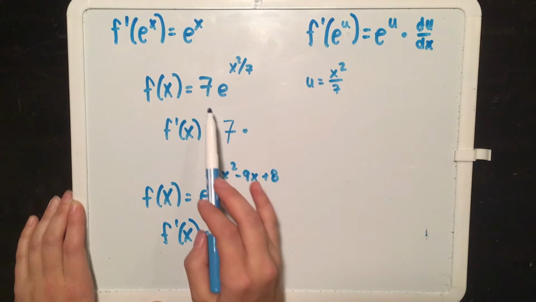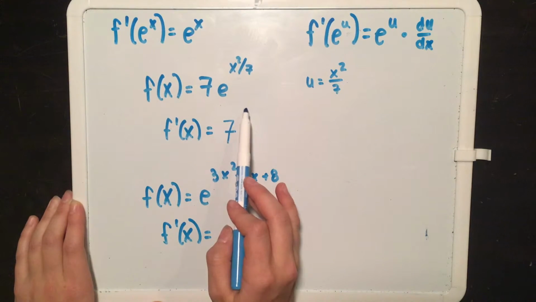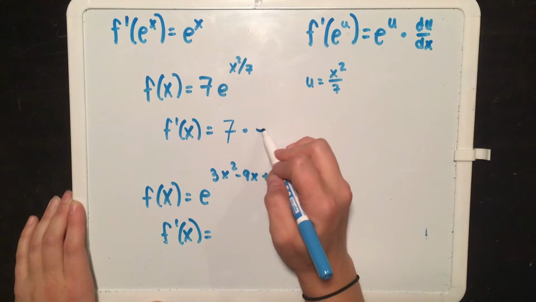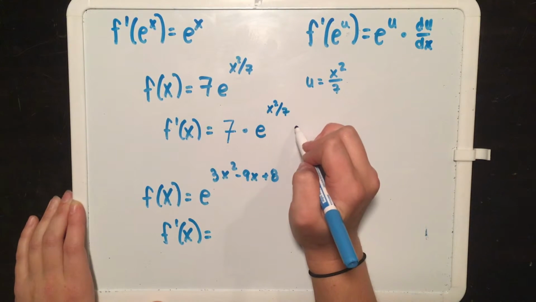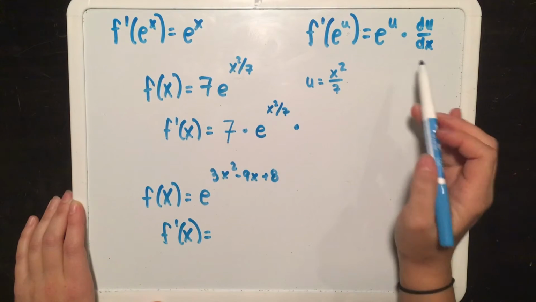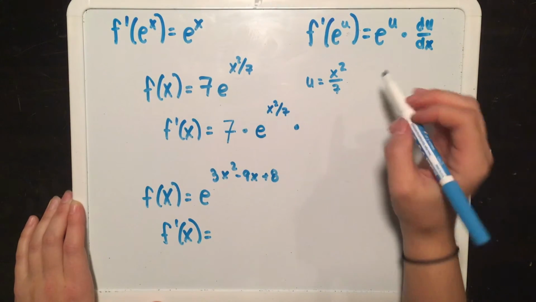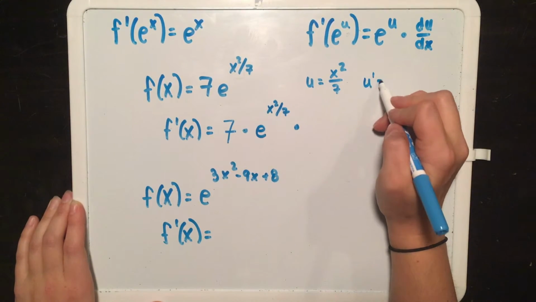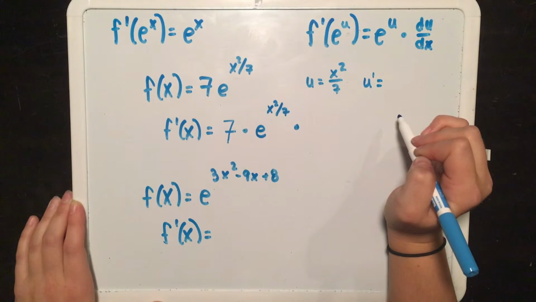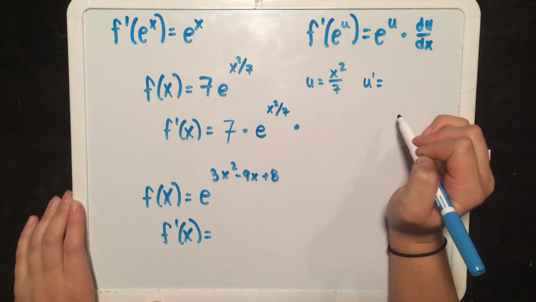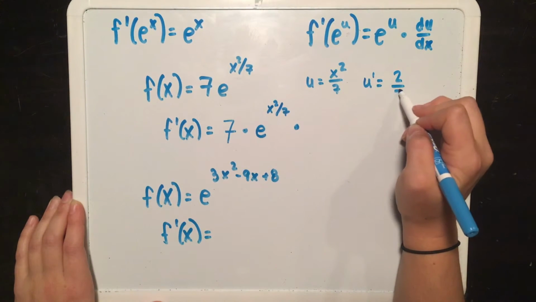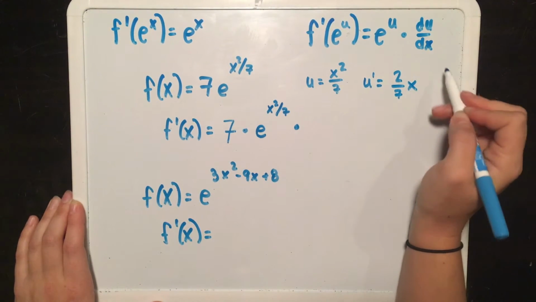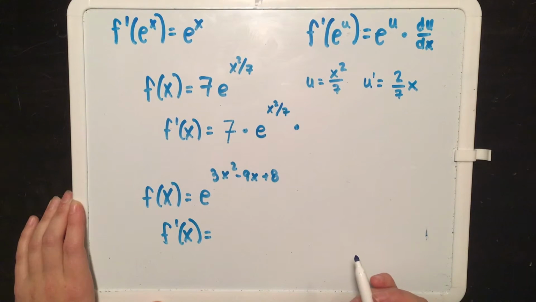When we take the derivative of this exponential term, we repeat the exponential term, e to the x squared over 7, but we must multiply by the derivative of u. What's the derivative of our u term? We can use the power rule. We bring down the 2 over 7, x to the first power.